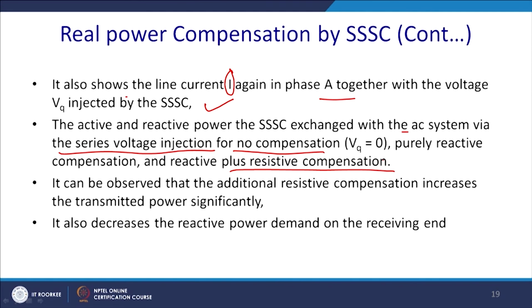It can be observed in the previous curve that the additional resistive compensation increases with the transmitted power significantly. It also decreases with reactive power demand at the receiving end. So, these are a few characteristics of real power flow through the SSSC.